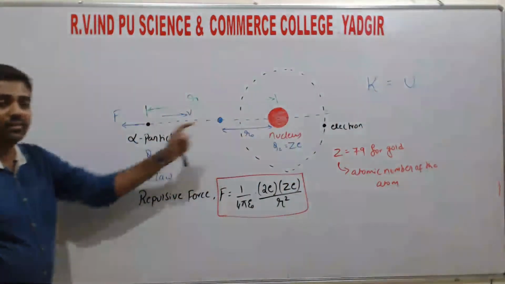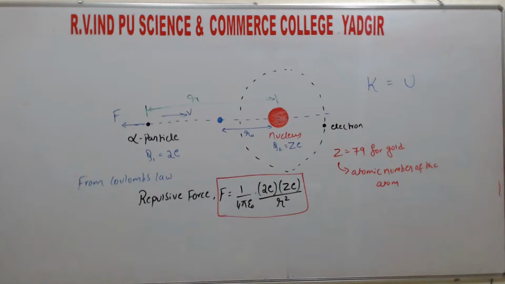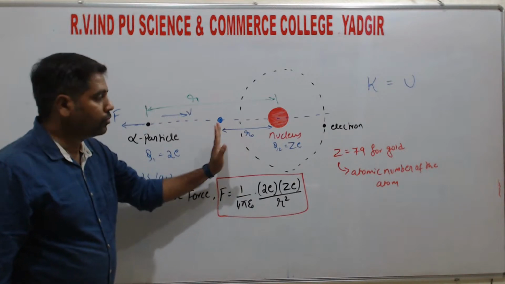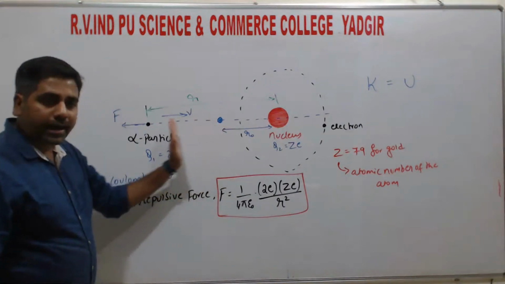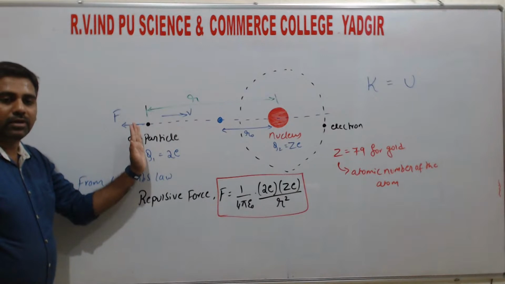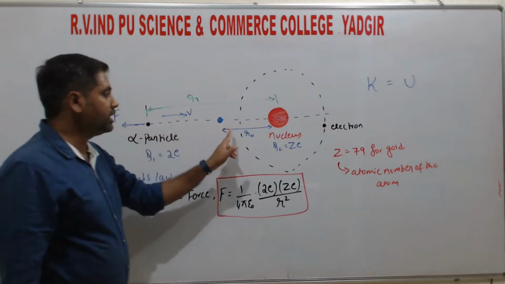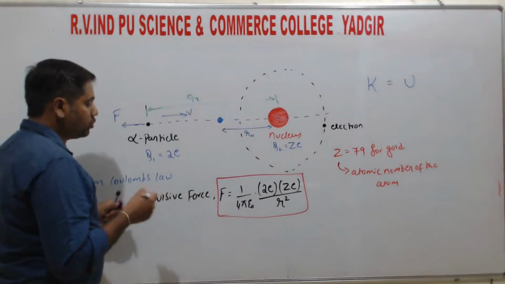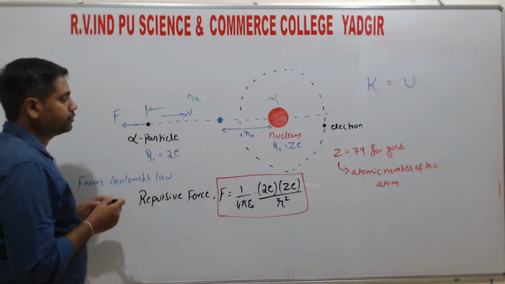So this distance we call the distance of closest approach. After this, again it comes backwards, right? So this distance R naught we call the distance of closest approach.